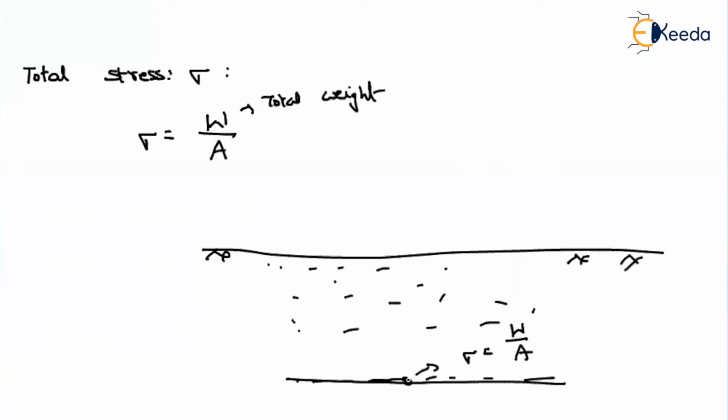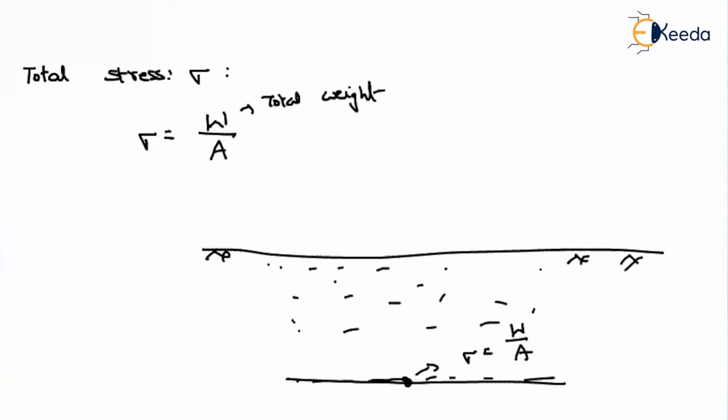That means above this point, the total weight of the soil mass divided by the cross-sectional area of this mass is the total stress acting at that point. Always remember, imagine your hand is at this point and feel how much weight is acting up to that point; that is represented by W divided by A. Suppose in your hand you are carrying a 5 kg block.